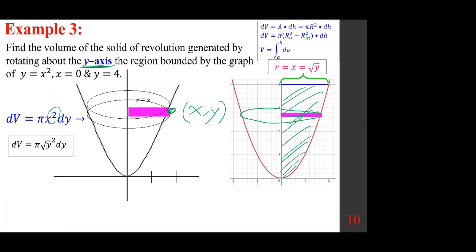If it's easier, you can change this to r squared, okay? So pi, the r is x, so we square that x, and then dy. So just plug in, and we are going to evaluate the integral from 0 to 4.